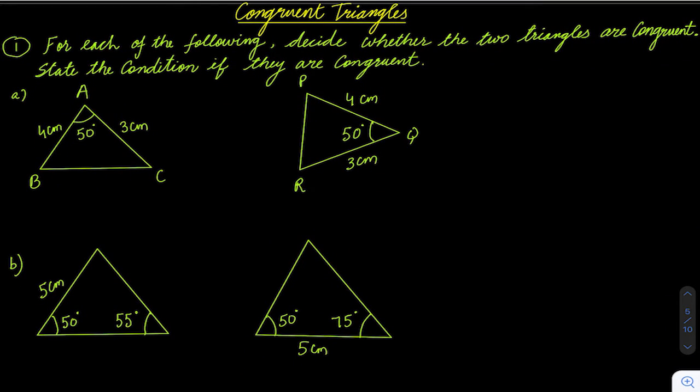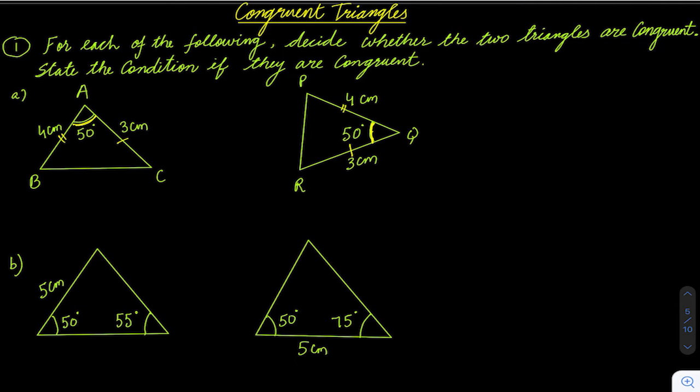So the first question: for each of the following, decide whether two triangles are congruent and state the condition if they are congruent. So first question, we can see two triangles. What we first do is see which angles are equal and which sides are equal. So AC is equal to QR, AB side is equal to PR, and the including angle between these two sides is also equal, that is 50 degree.